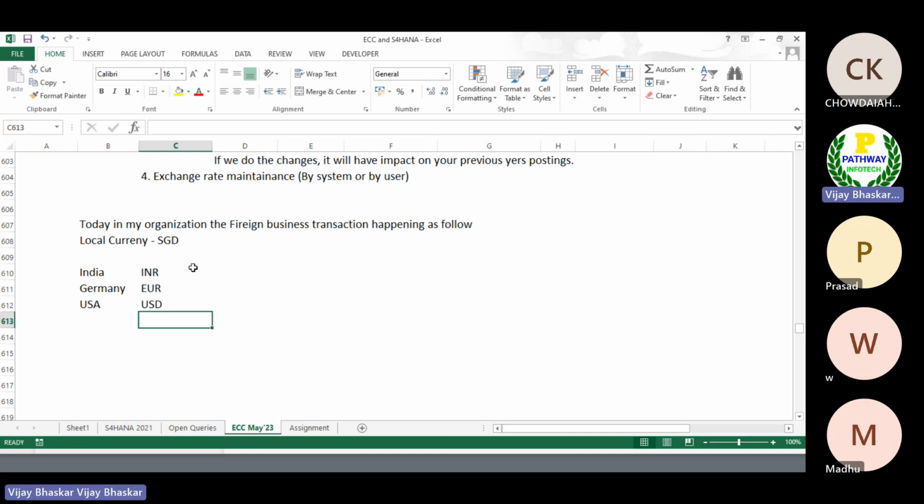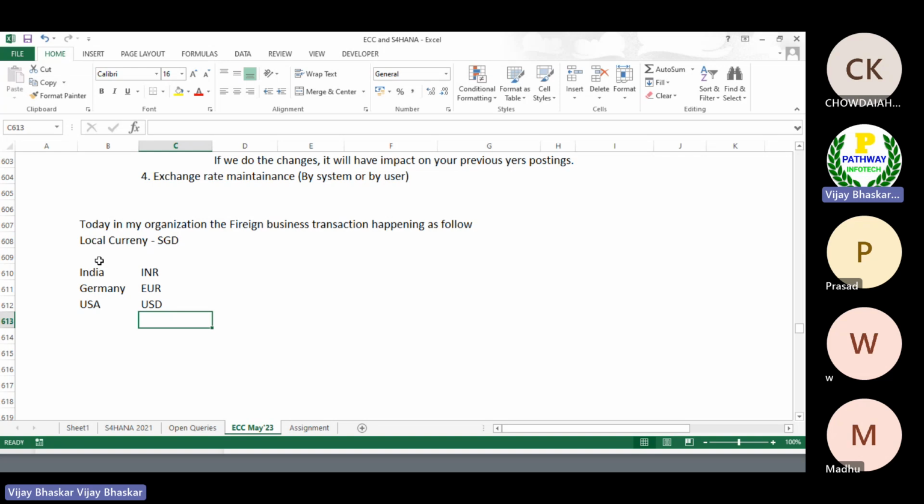Then what we would require is the exchange rate. As I said in yesterday's class, the exchange rate changes every second, every minute. But which exchange rate will the organizations consider?